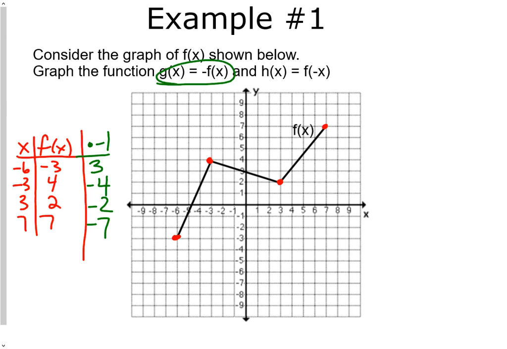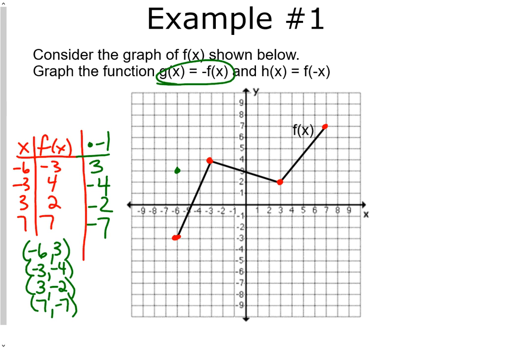So let's go ahead and put g of x on there using my new points. So negative 6 comma 3, negative 3 comma negative 4, 3 comma negative 2, and 7 comma negative 7. So negative 6, positive 3. Look at that. We can even see the reflection now happening over our x-axis.